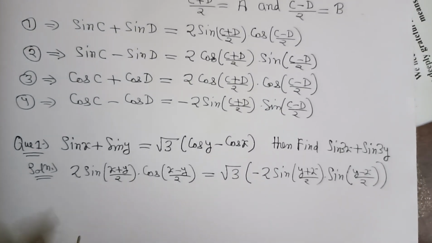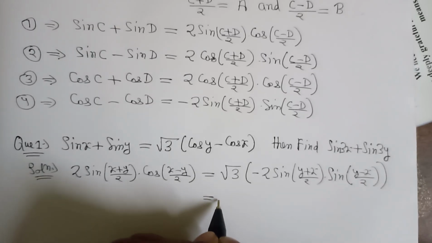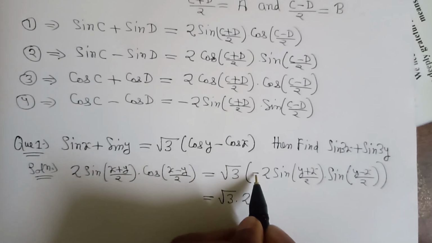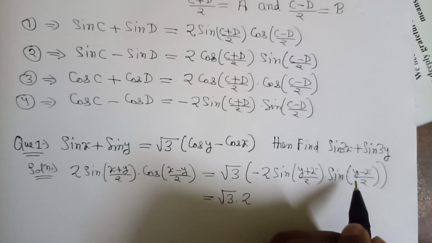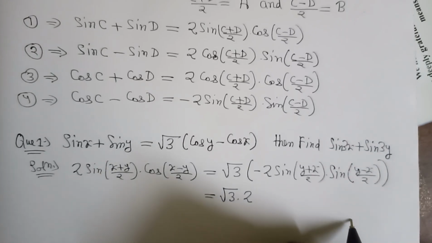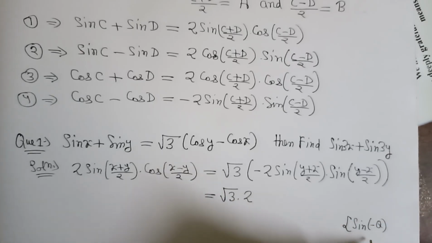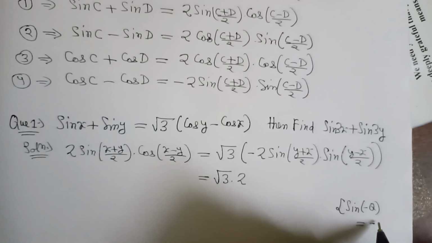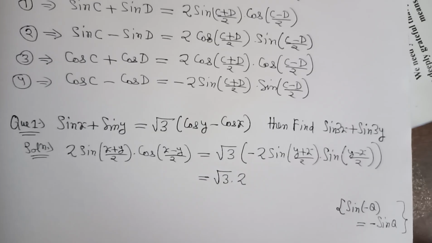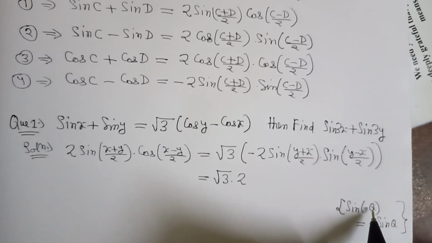Now as you can see, this is square root 3 into 2, and this is a negative sign. When you take this negative sign inside, you can apply a formula. You know that sin(-theta) is equal to minus sin theta, because minus theta lies in the fourth quadrant, where sine is negative and the function stays as it is.